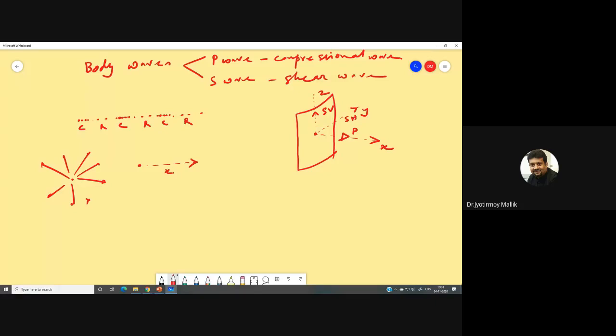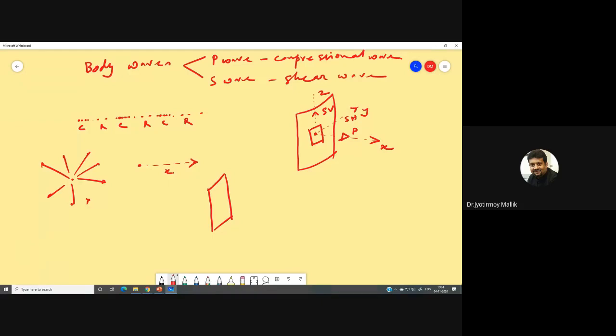Now let us say we take an even smaller portion from this surface, which we can think of as a plane, not as a curved plane, but as a plane. Because if we take a very small surface out of it, we can think of it as a plane.